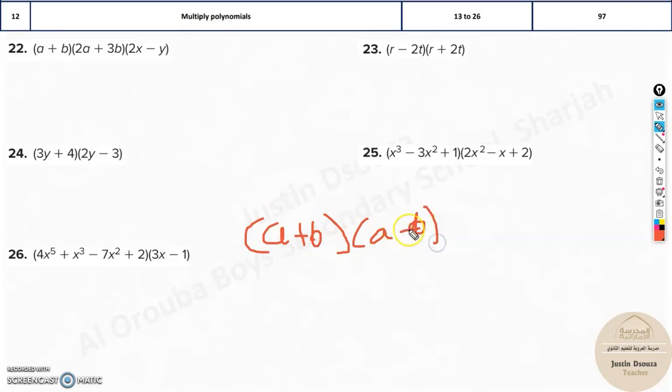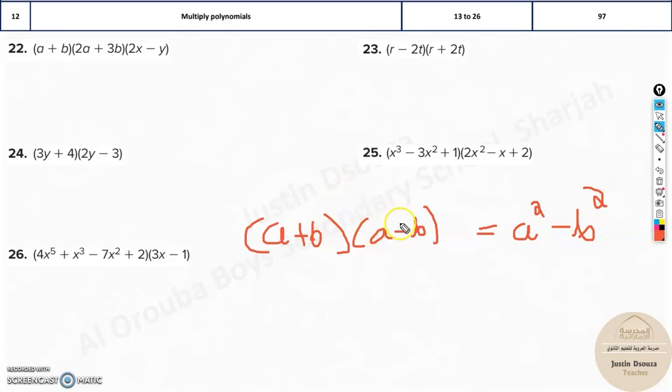So whenever you come across this particular identity or terms like this, where you can see the same term in the first terms of two binomials, that is a and a, and the second term is also the same, 2t and 2t, but the sign varies, either minus and plus or plus and minus, then you must use this formula: a squared minus b squared.